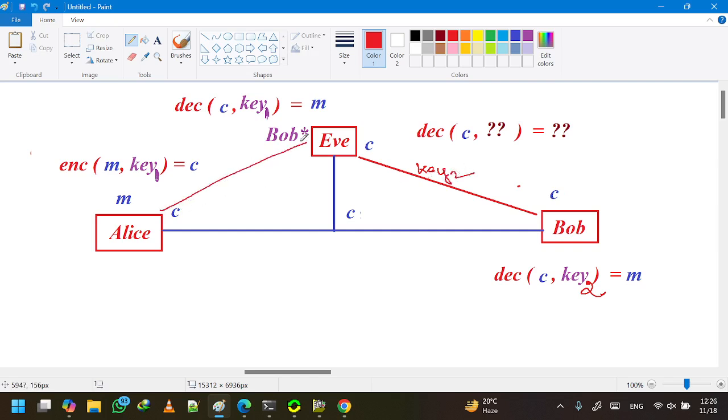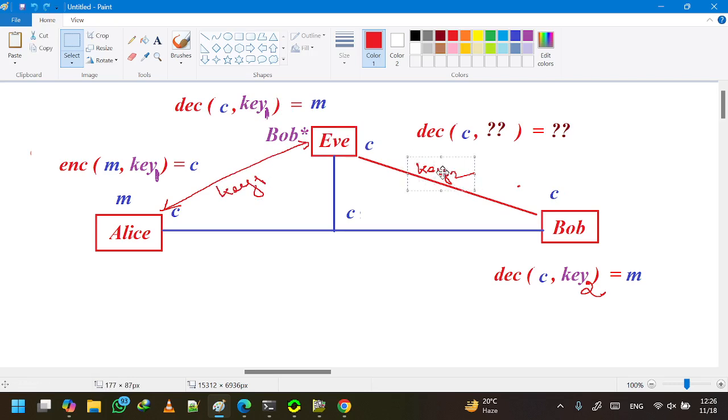And previously they established another key between them, called key 1. So we see that the first part of the communication is encrypted with key 1, but key 1 is known by the hacker, so this message can be decrypted.